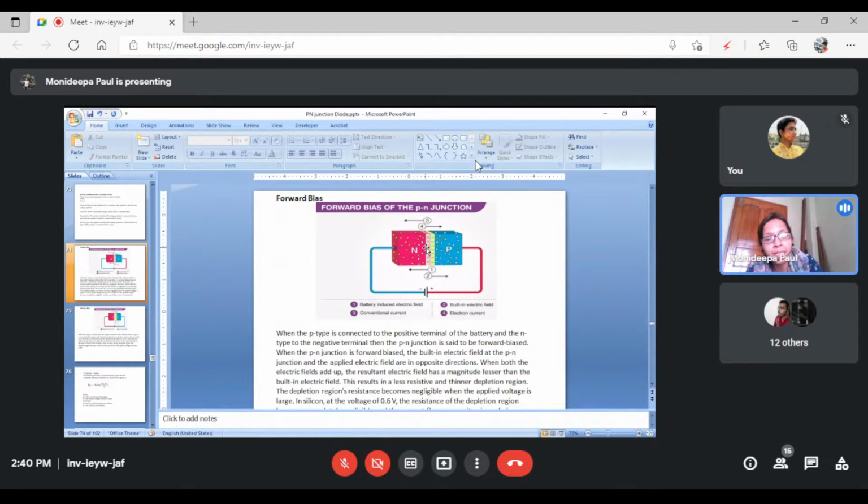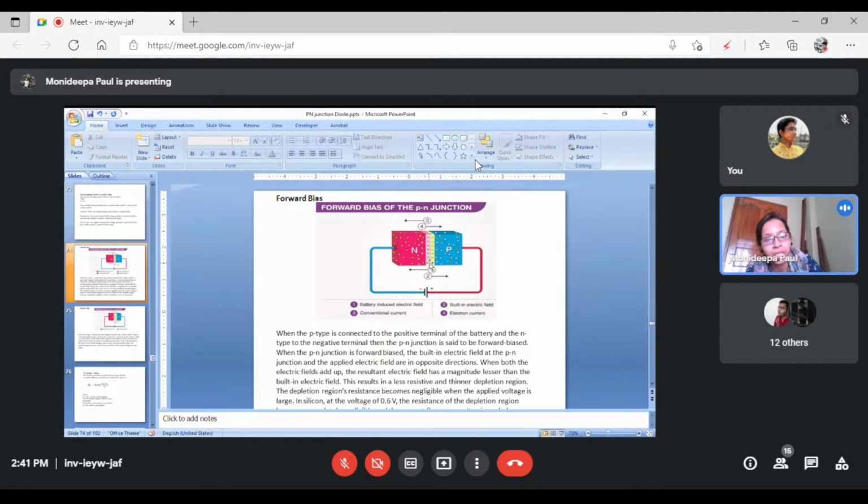So if the resultant electric field is less than the electric field developed inside the semiconducting material, then the resistance of this material will increase. But if you apply extra voltage, if you increase this voltage, then what happens?